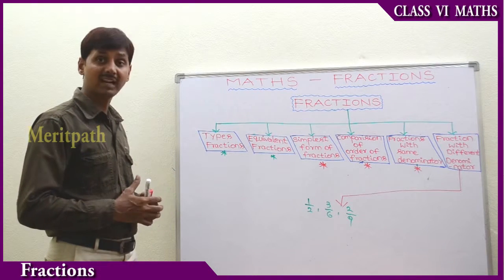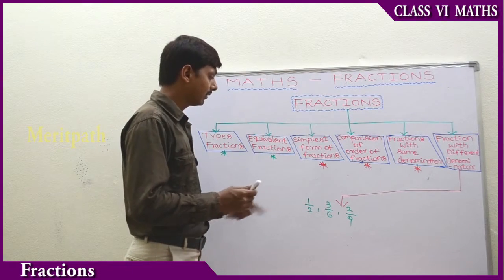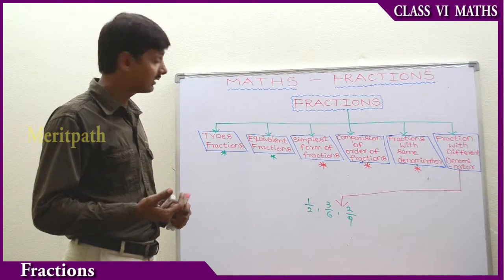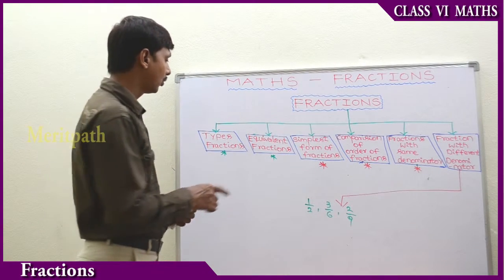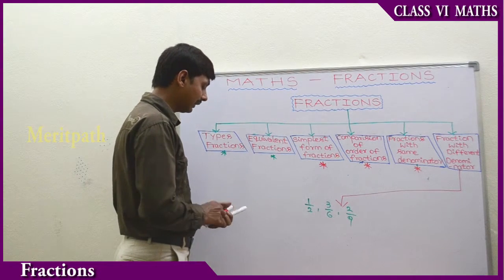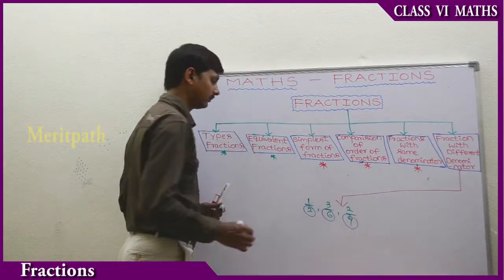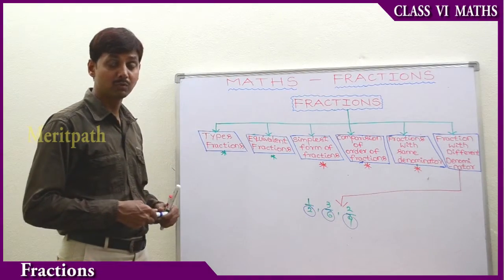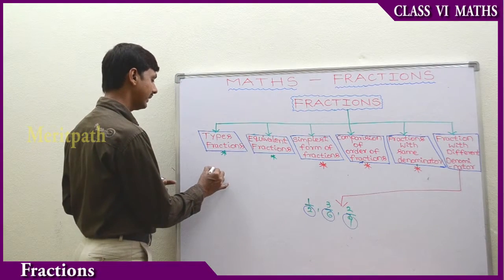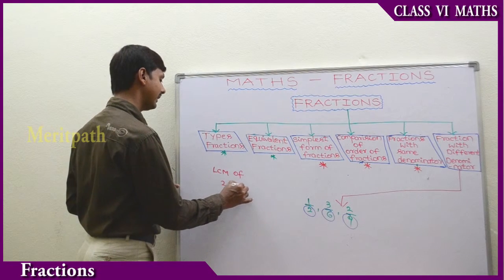So how do we compare unlike fractions, which have different denominators? Let's see. Here we have 1 by 2, 3 by 6 and 2 by 9. Let's look at the denominators 2, 6 and 9. First we need to take the LCM of these denominators, 2, 6 and 9.